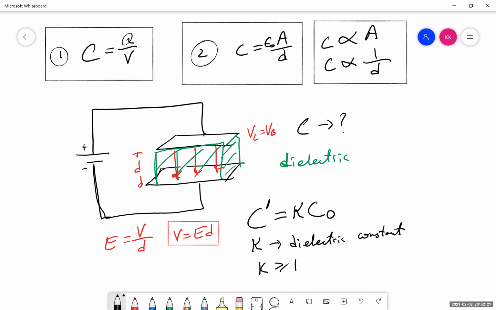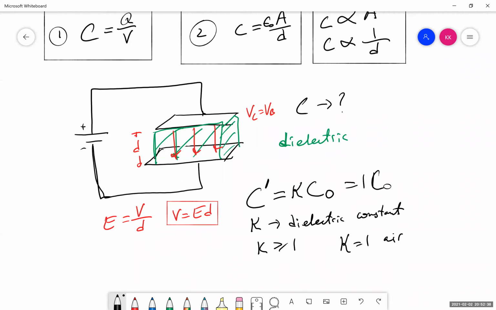If kappa is 1, then the new capacitance is the same as the old capacitance, which means we're dealing with the same air-filled capacitor. So kappa equals 1 is basically air or vacuum. Anything else is a higher dielectric. For example, if the dielectric constant is 5, then the new capacitance is five times the old capacitance.